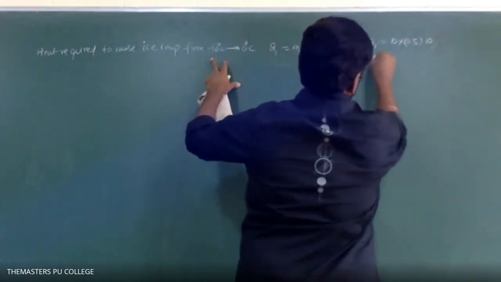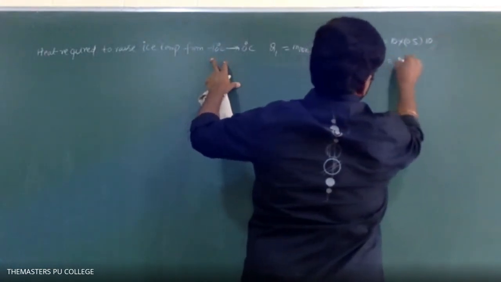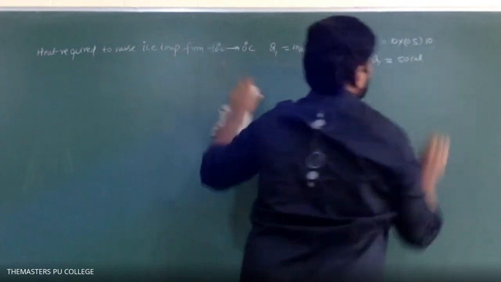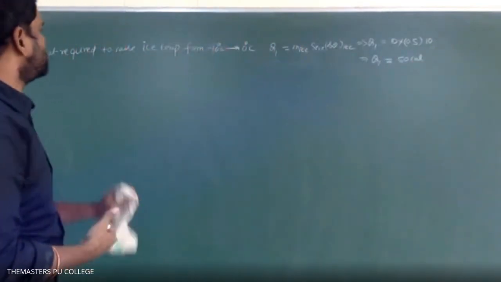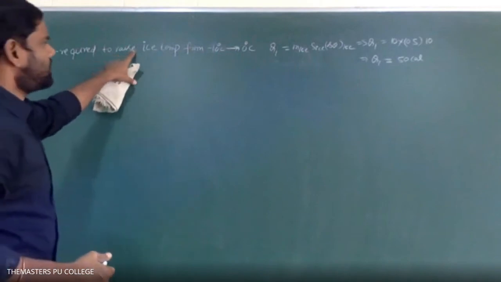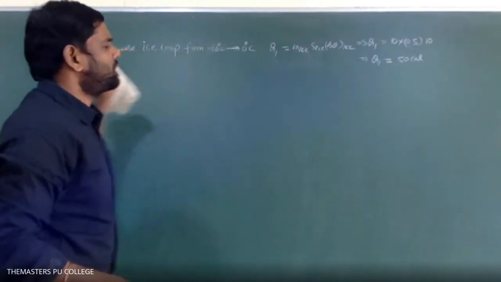That's why we can write Q1 equals 50 calories. Hence 50 calories are required to raise this ice temperature from minus 10 to 0 degrees centigrade.